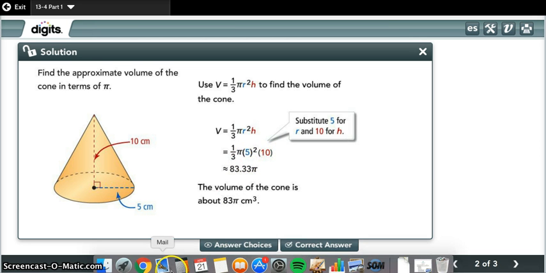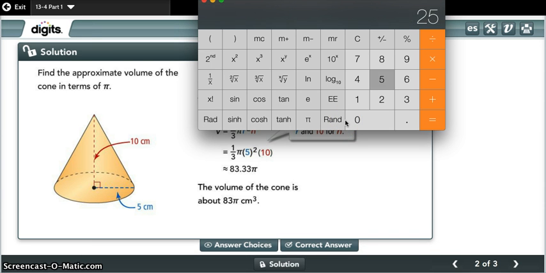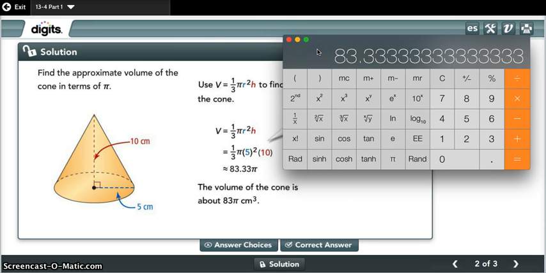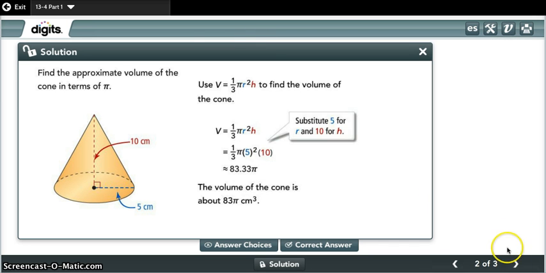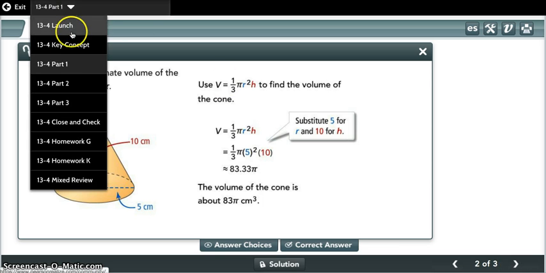So my guess is they did this, 250 divided by 3. Yep, so they did 83.3 pi is the answer in terms of pi. But if you multiplied it out, it would be 261.6-ish. Okay, it always depends on how you round.